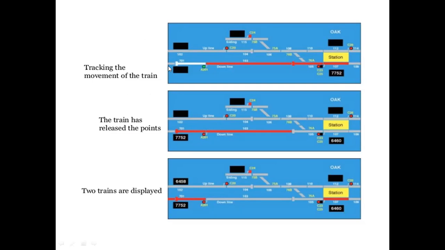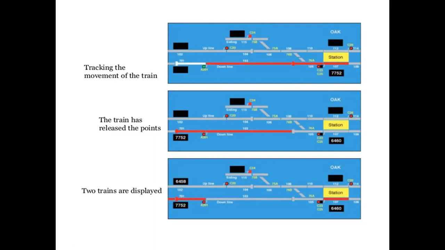And while moving towards the station, it indicates green, which helps to proceed. And as soon as the driver observes the red signal before reaching the station, the train must be stopped on the track, and the train has released the points.